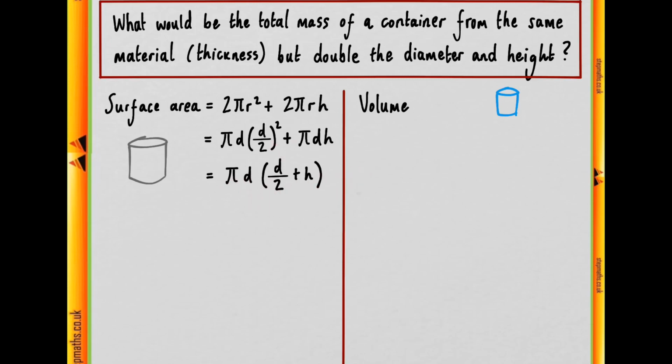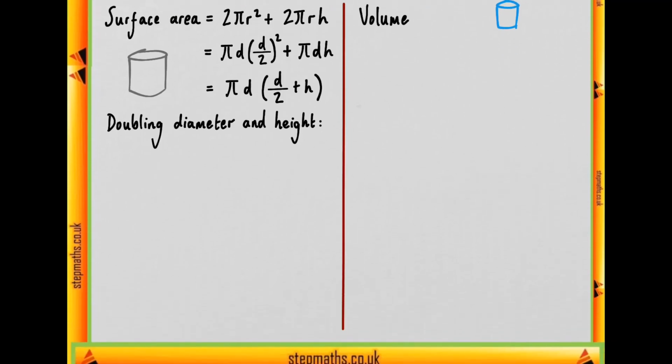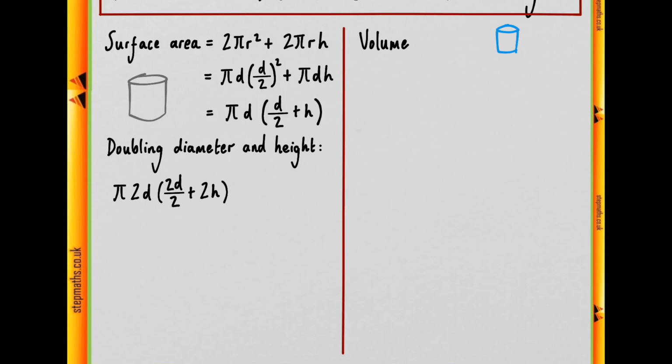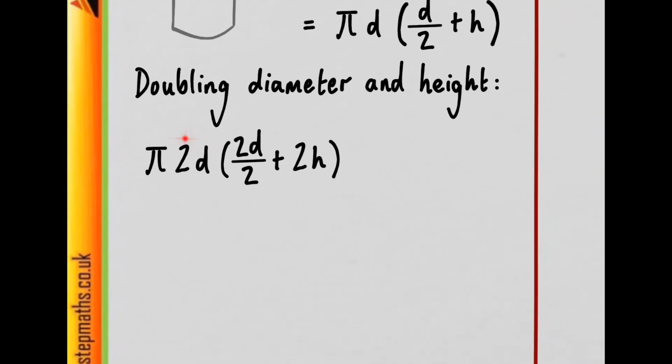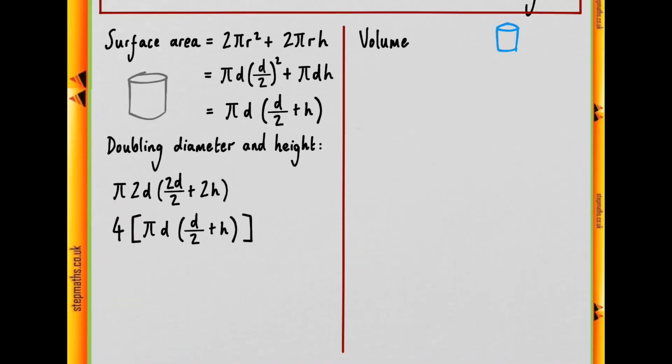We're going to be doubling our diameter and doubling our height, so let's plug in our doubled diameter and our doubled height. Instead of d we'll have 2d, instead of d we'll have 2d, and instead of h we'll have 2h. If you realise that we have 2 outside of the brackets and we're multiplying everything within the brackets by 2, we have essentially 4 times the conventional surface area by doubling the diameter and doubling the height.